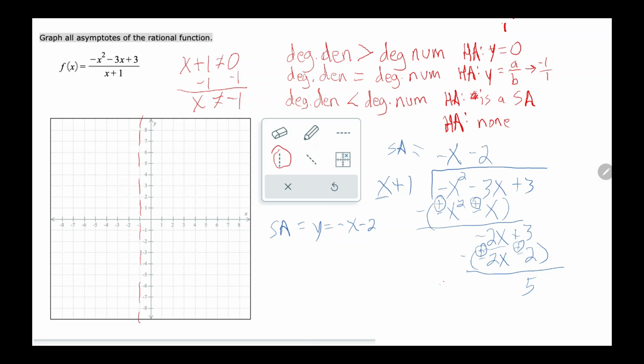And remember from way back in the first topic, we are graphing this. So we start at the point negative 2. This is our b, or our y-intercept. Then because we have a negative x, that is negative 1 over 1. So I go down 1 and over 1, and I have another point.